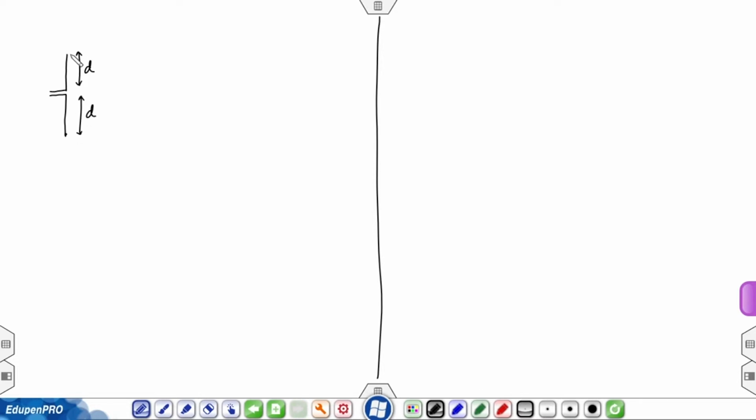It has an oscillating voltage applied to it, so that the current in this is a function of z. I am taking this direction to be z. I of z is equal to I naught sine of k (d minus mod of z), and it is in the z direction.